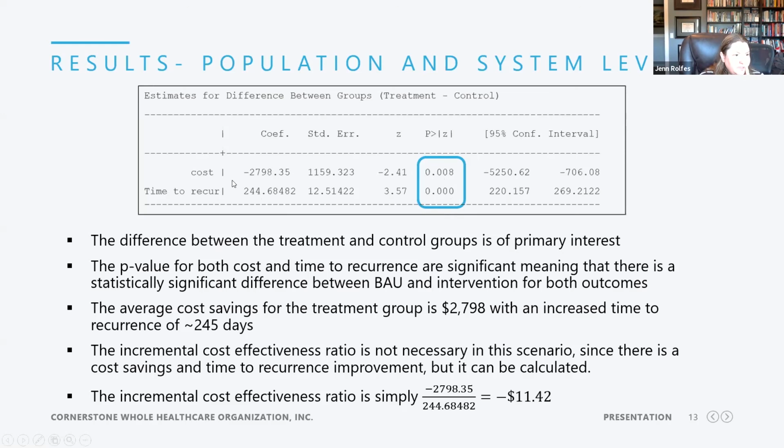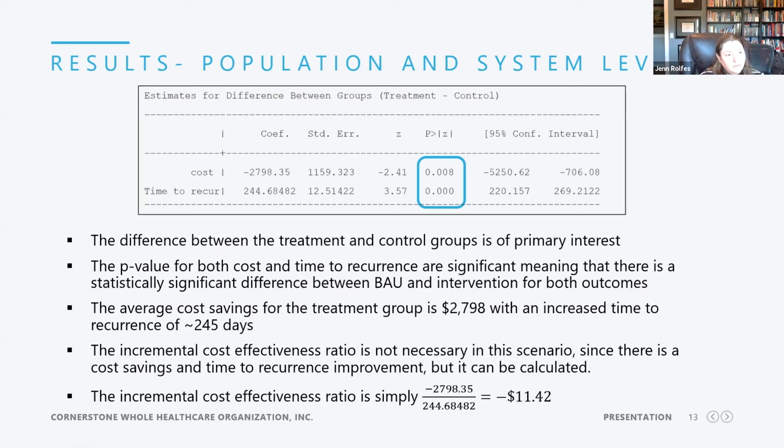And so essentially what this is saying is that the average cost savings for the treatment group was $2,798. So the folks that were in the new multimodal treatment, we saved $2,800 per patient, and the time to recurrence of their chronic pain symptoms, so significant pain, was 245 days.